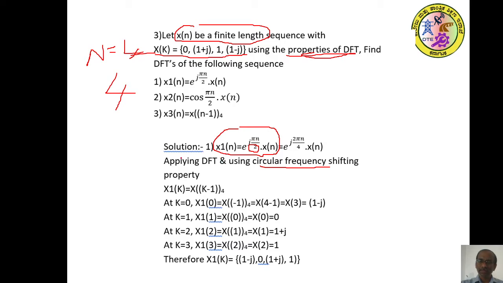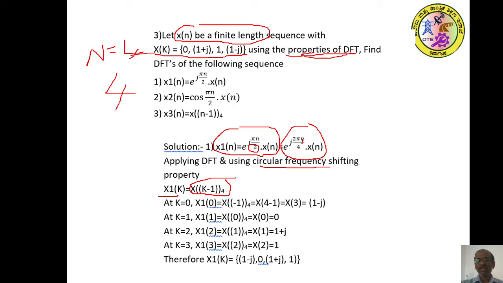So when I apply DFT on both sides, x1 of n will become x1 of k, and because of this multiplication by an exponential, and check for k naught here, it is k naught is 1 in this position, so our answer is x of k minus 1. If you recall this problem, I have done in the first few sessions. E power j 2 pi by n into k naught into n x of n has a DFT of x of k minus k naught.